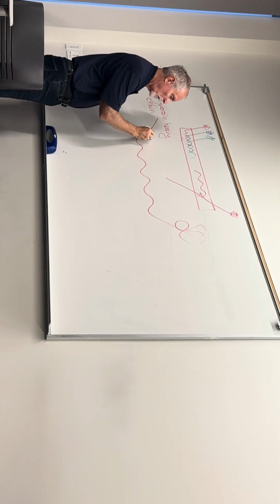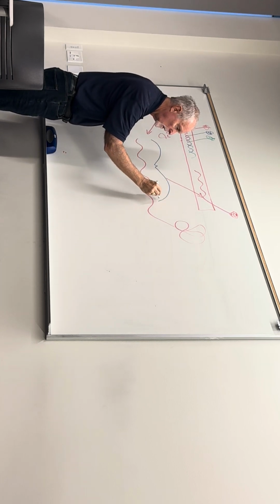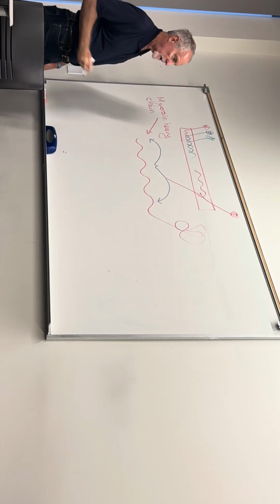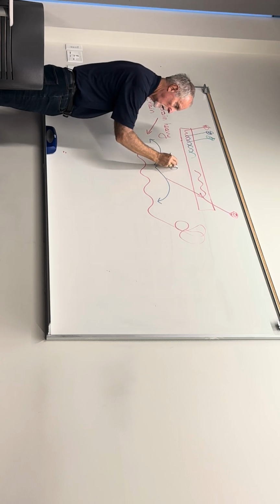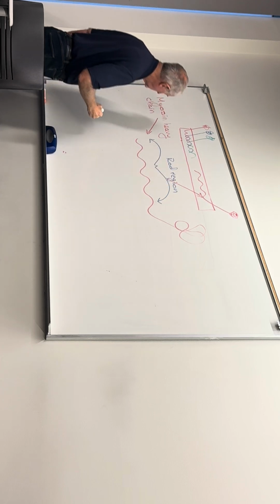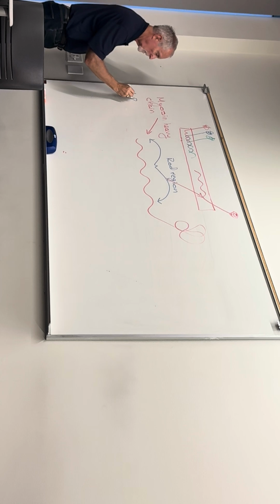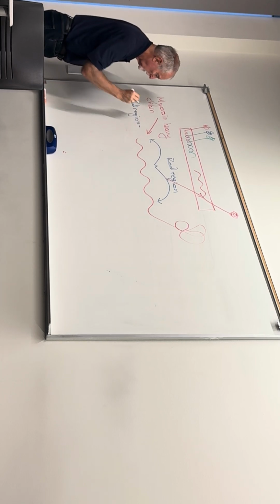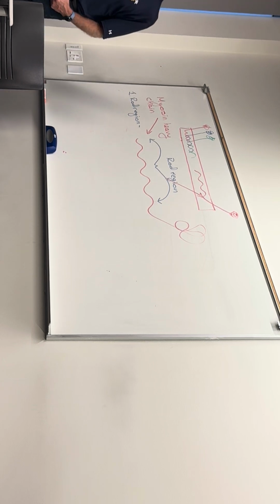And this part of this so-called myosin heavy chain is known as the rod region. And the rod region contains purely structural information.